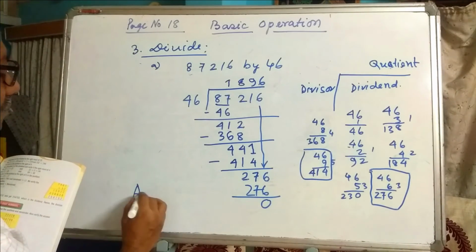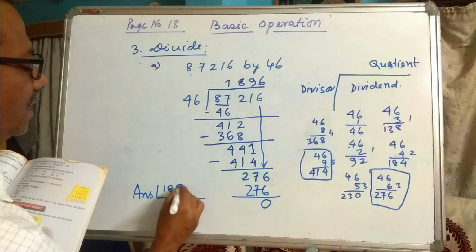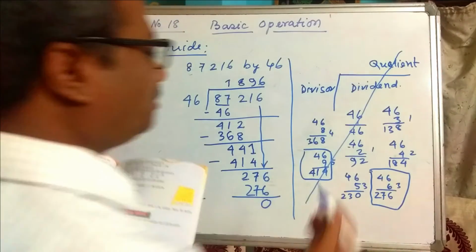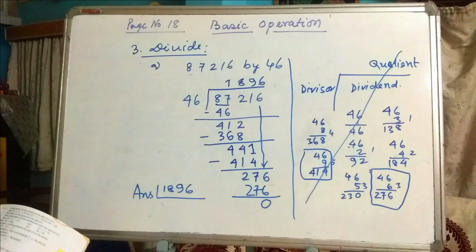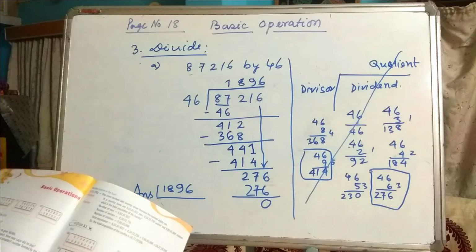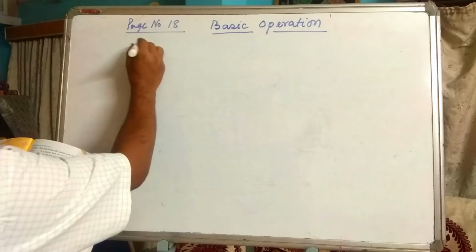The quotient is 1896. So write it towards the right side of your copy. Okay? Note it down. There is another sum in the same question. You try it yourself.